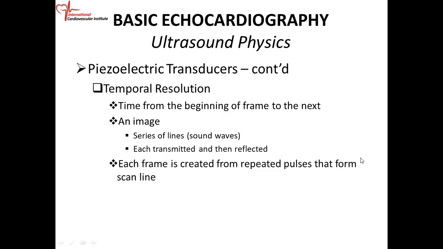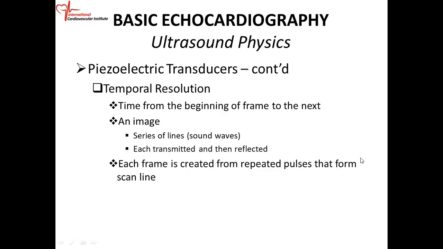Let's look at what those images consist of. If you've been following me all along, you understand that the probe sends out the ultrasound beam. The beam strikes the tissue, comes back to your probe, and you see an image.